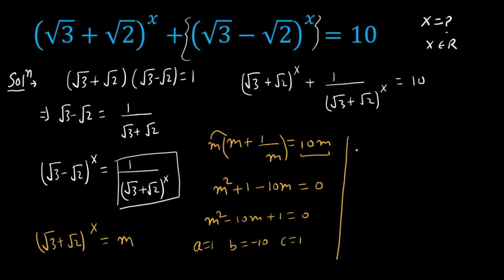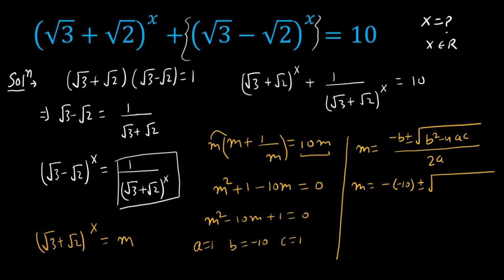Then m = (−b ± √(b² − 4ac)) / 2a. Then m = (−(−10) ± √((−10)² − 4·1·1)) / (2·1). Then m is minus times minus 10, which gives 10, plus or minus the square root of 100 minus 4, that is 96, over 2.